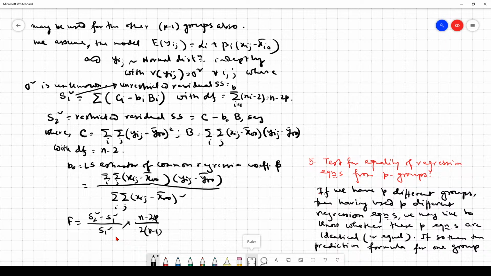Okay, so now the Anova table. Source of variation: due to H naught, and residuals, that is residual under H naught.